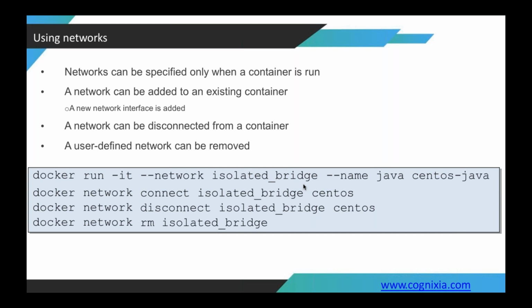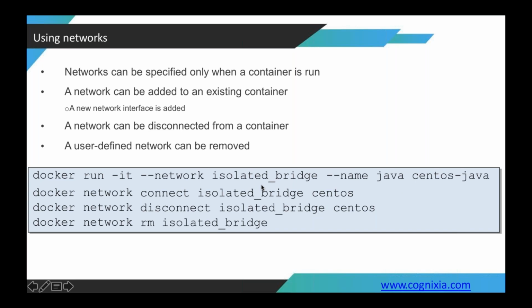By default, if you do not pass --network, it is going to create the containers inside the default type of networking, which is the bridge network created by Docker itself. Okay. And this time it's going to launch the container inside this isolated bridge networking, and then the name of the container that you want to create, like we are passing a Java CentOS based container inside this isolated bridge networking.